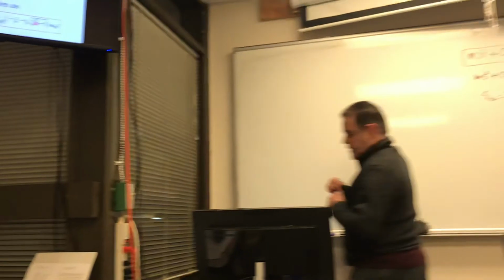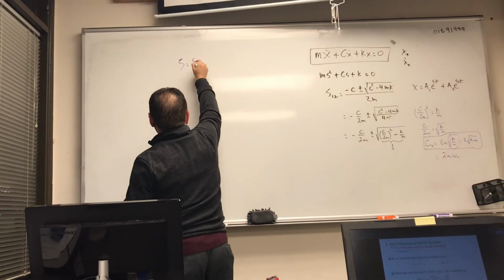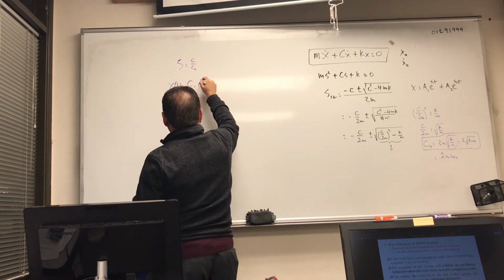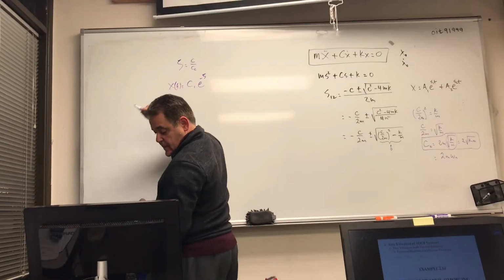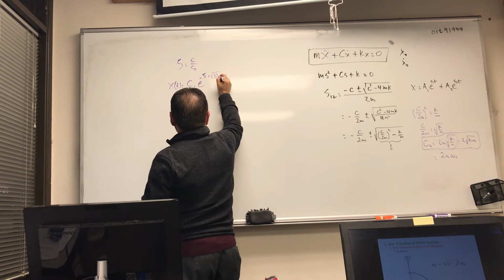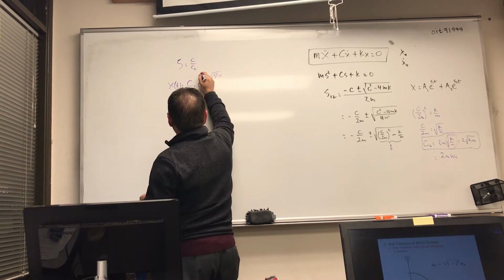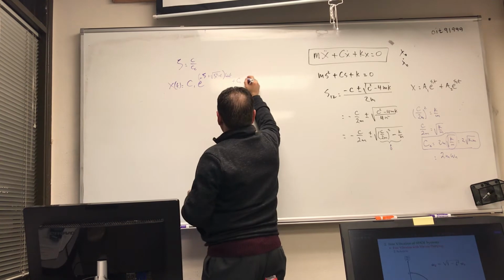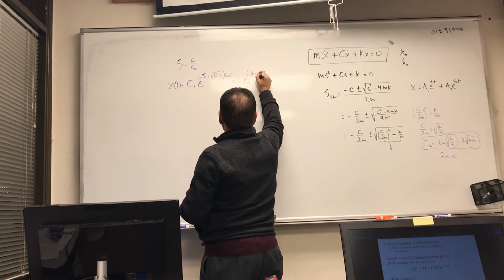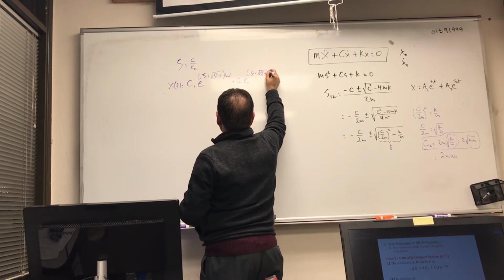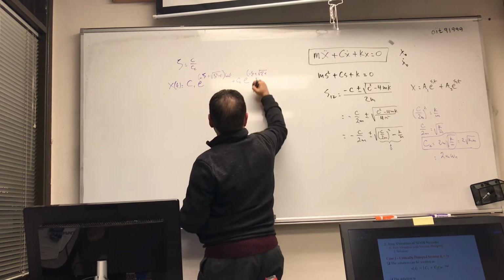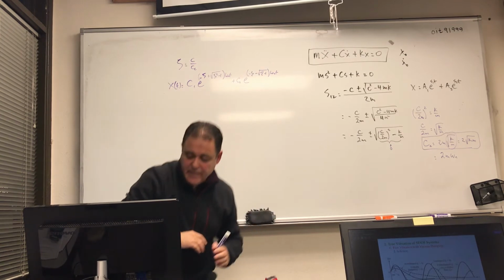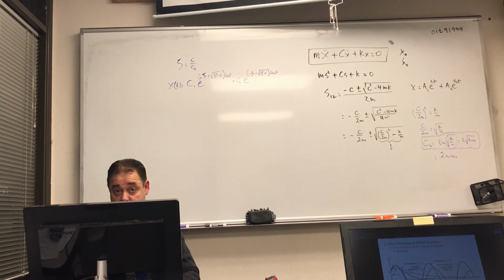All we have determined is that, based upon zeta, which is equal to C over Cc, x of t is equal to, the general solution, C1 exponential of minus zeta plus the square root of zeta squared minus 1, omega n t, plus C2 exponential of minus zeta plus square root of zeta squared minus 1, no, minus, omega n t.